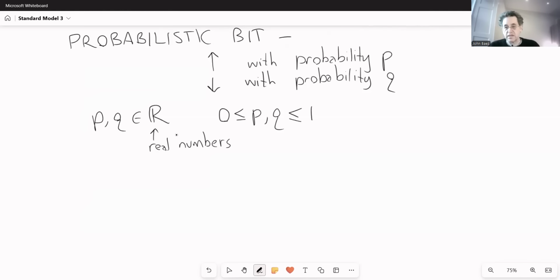So if you say there's a 30% chance of rain, then, and this up means rain, and this down means not rain, then P would be 0.3. That's 30%. These probabilities have to obey another rule, that is, they have to add up to equal 1. This is what's going on because we have just two alternatives.